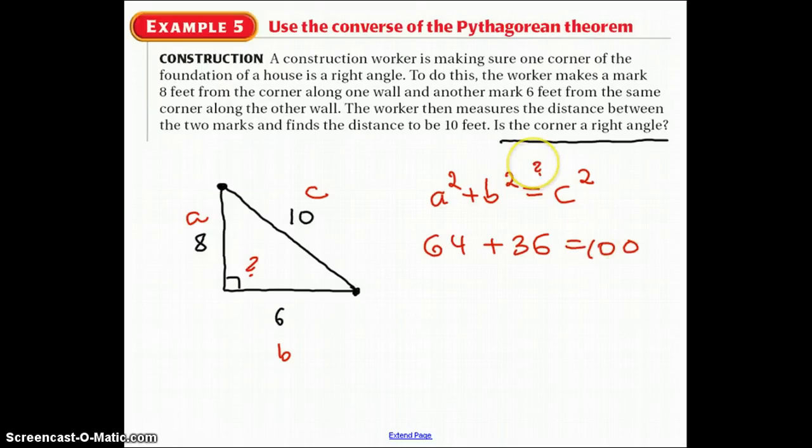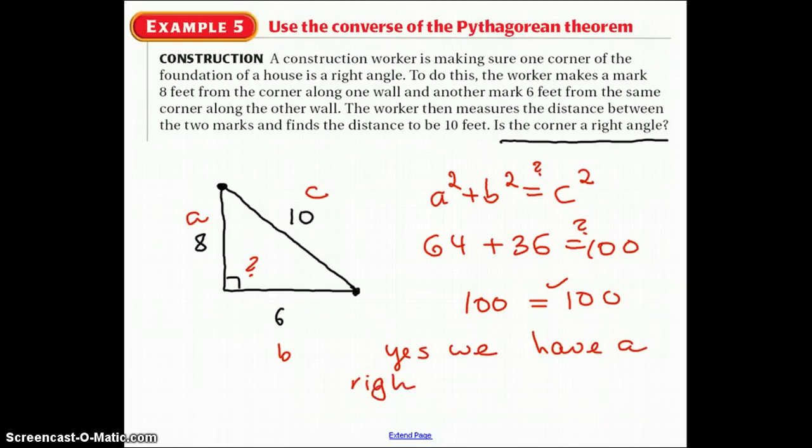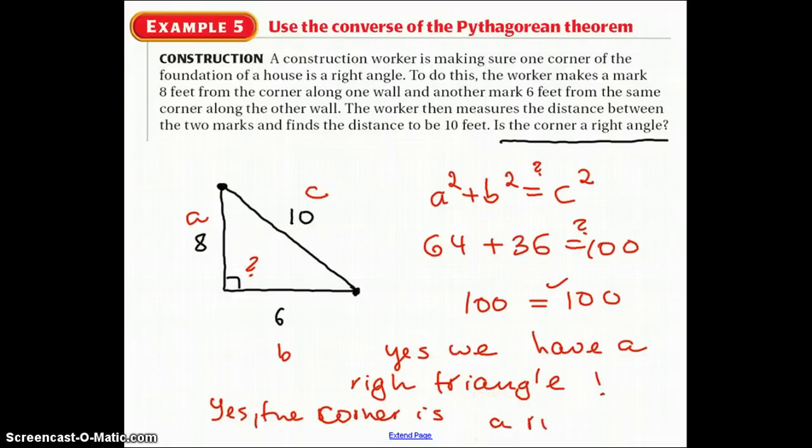And again, we don't actually know that it's going to work, so I'm going to put a question mark here. 64 plus 36 is going to give me 100, which means that yes, we have a right triangle. Which means that the angle that we're measuring is also a right angle. So yes, the corner is a right angle.